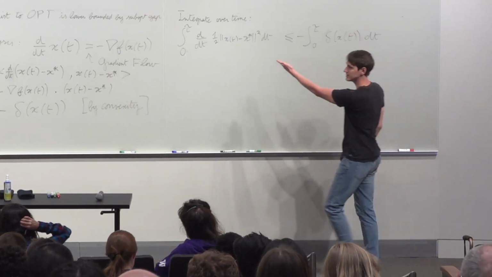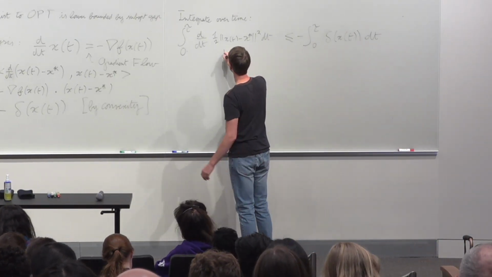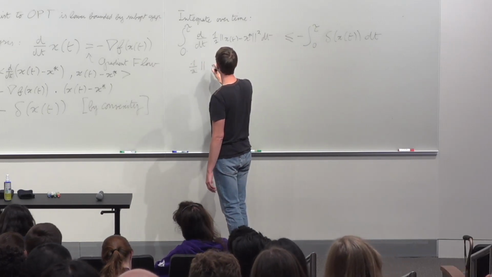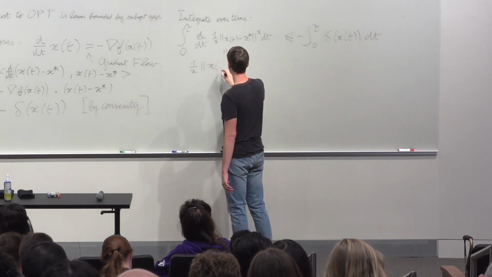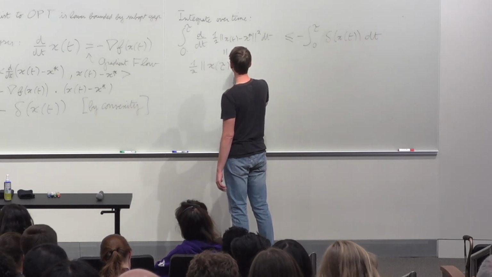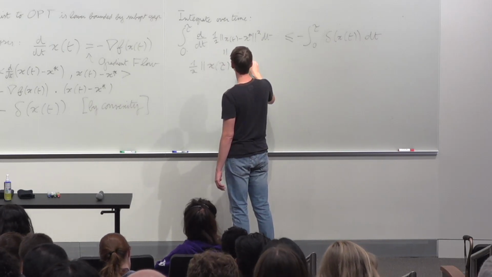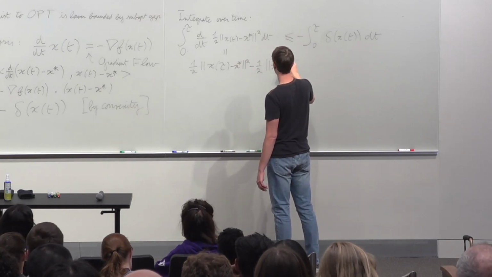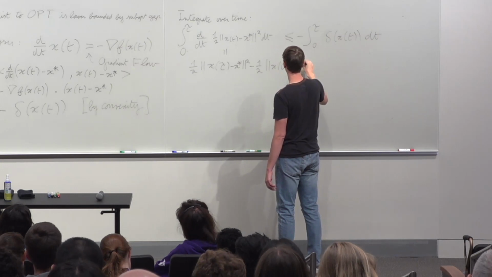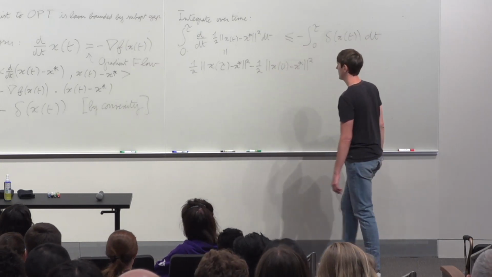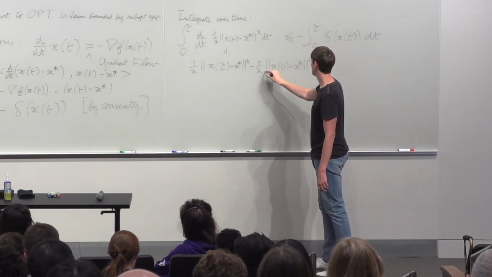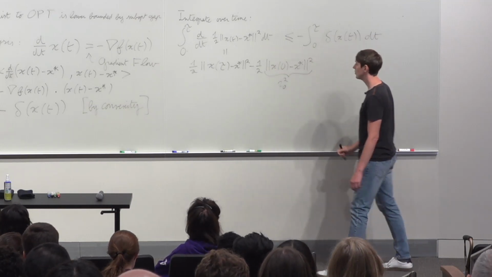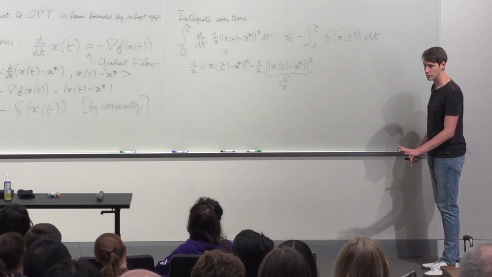And I know exactly what this integral is. It is exactly 1/2 of the norm of x at time tau minus x star squared, minus 1/2 of the norm at time 0. Let me denote this by r0 squared. My distance to opt at the beginning is r0 squared, just some number.